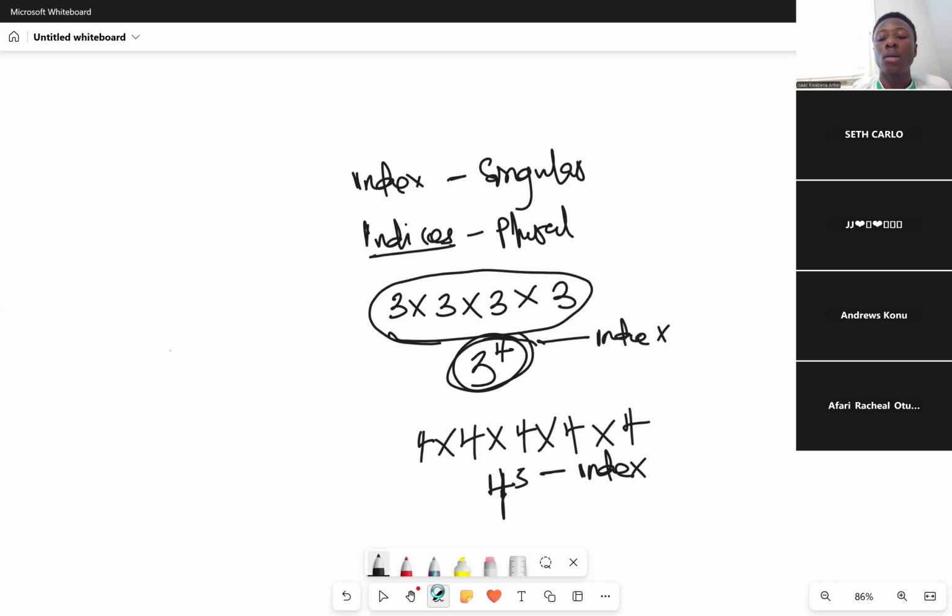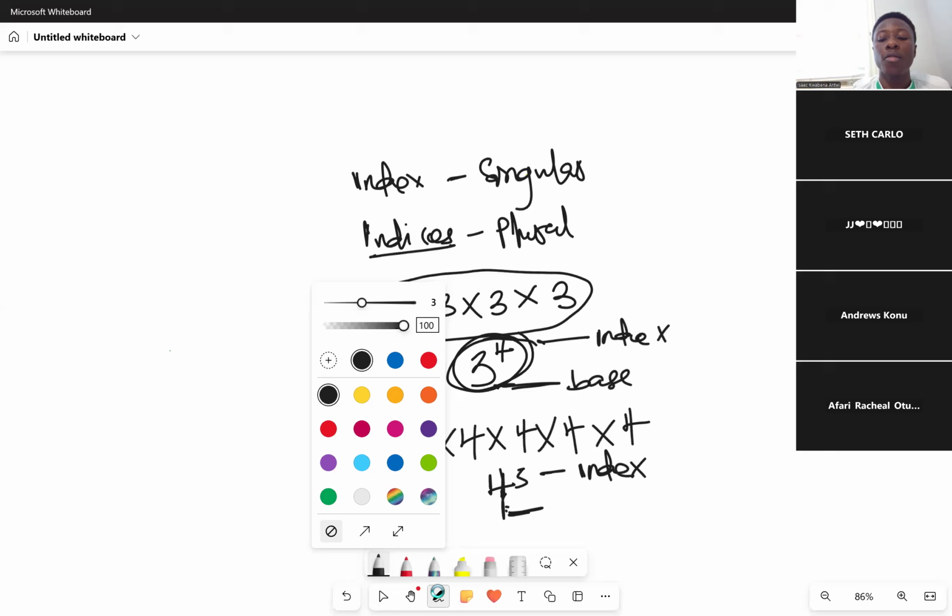And the one underneath, for the lack of better word, subscript, okay, is what we call base. Right here, 4 is what? The base. Right here, 4 is the base. Okay.